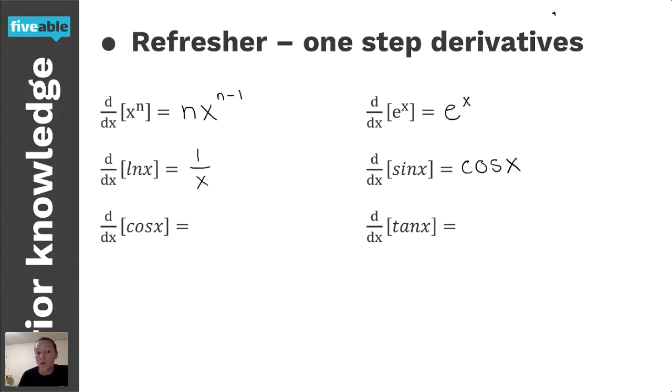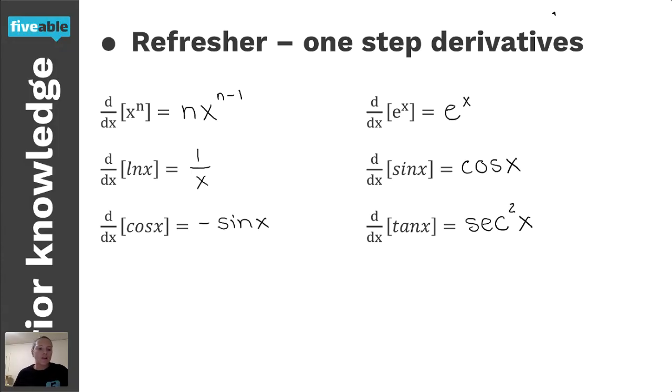How about the derivative of cosine x? Negative sine x, rock on. And then how about the derivative of tangent x? Perfect, Flanny. We've got secant squared x.